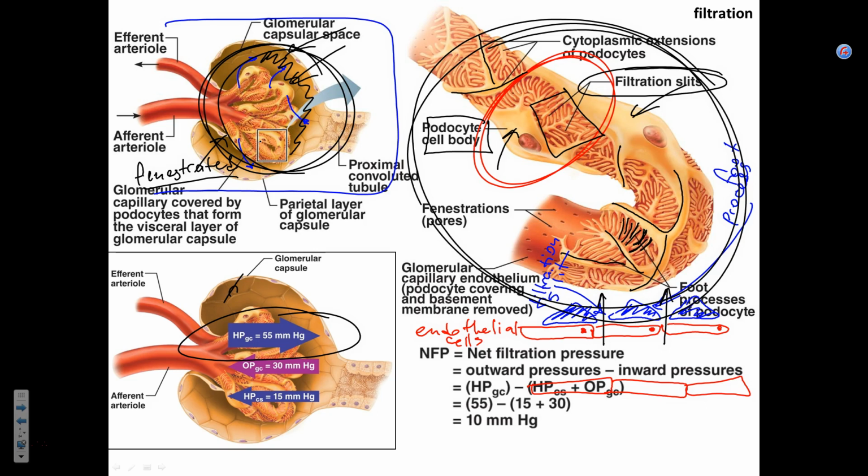Say your normal mean arterial pressure is 100, just for the ease. What's going to be 1/5 of 100? 20. So say your mean arterial pressure goes from 100 to 80. Okay? We're good?